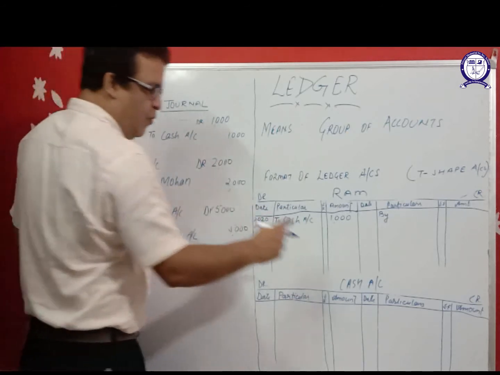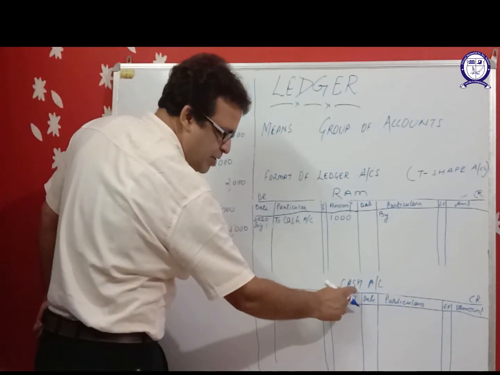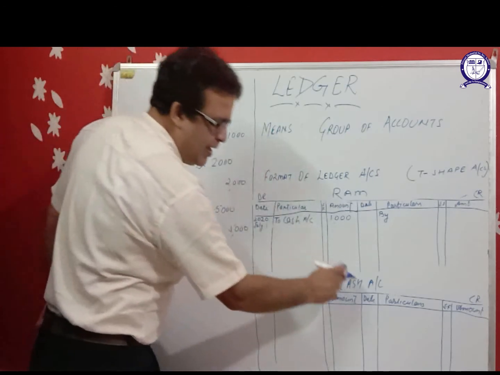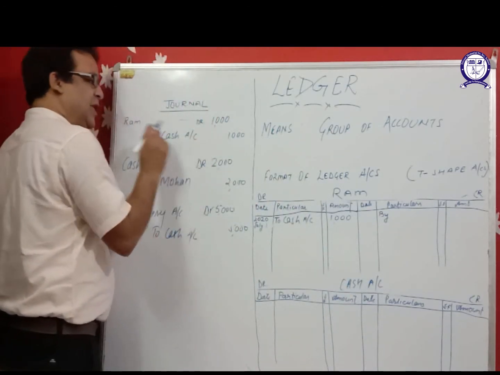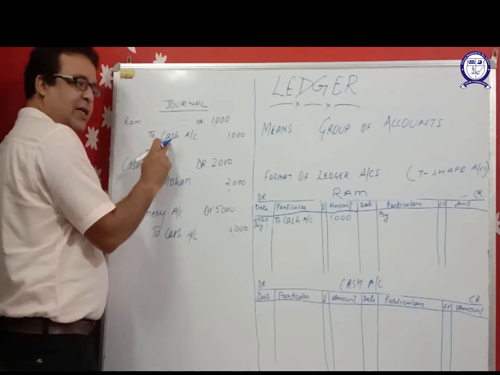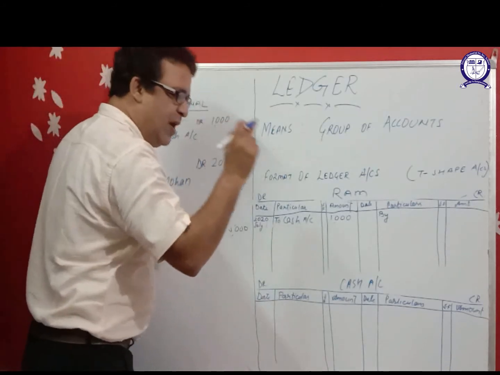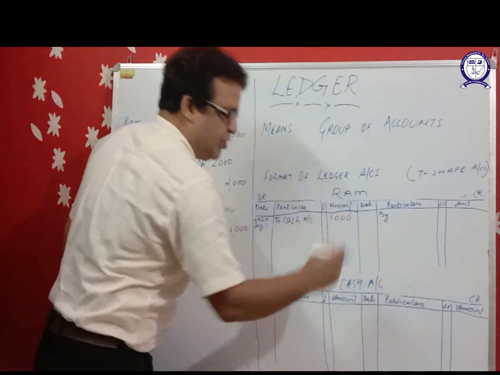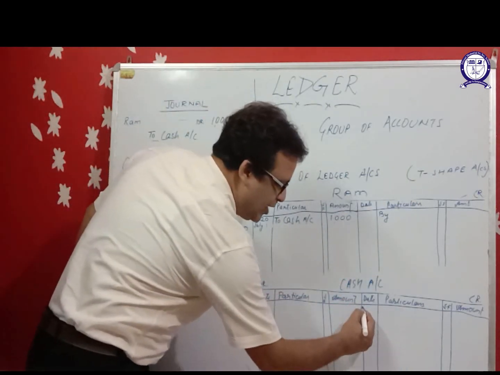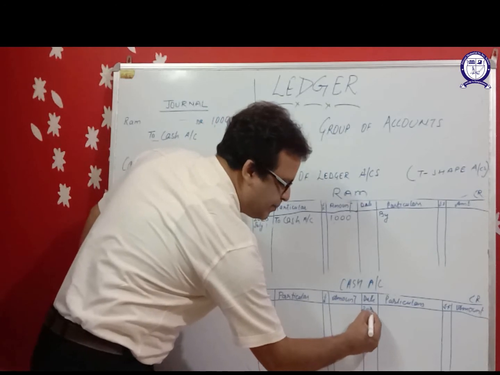Now we are going to post the entries in cash account. In the journal entry, cash is credit. Then we will have to post in the credit side of cash account. First of all, the date of the transaction will be written here.